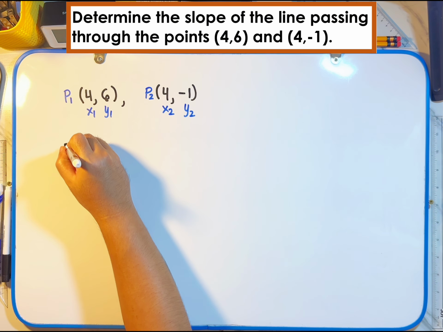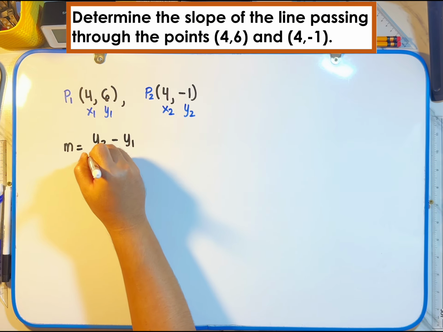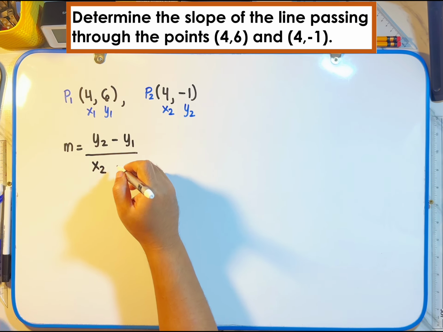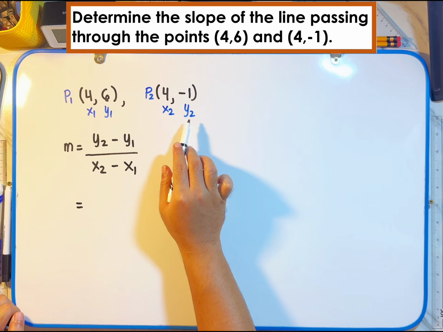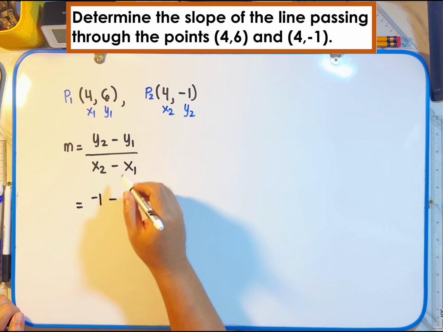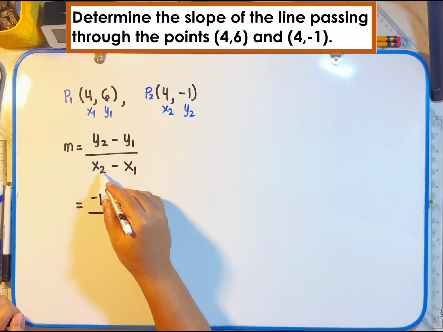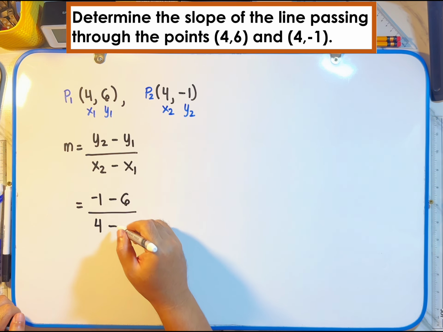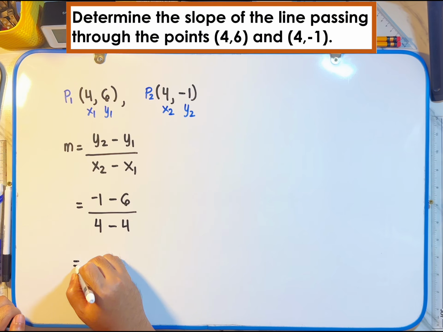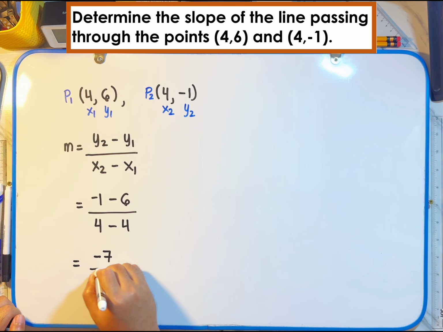The slope formula M is y2 minus y1 divided by x2 minus x1. Let us substitute. y2 is negative 1 minus y1, which is 6, divided by x2, which is 4, minus x1, that is 4. Negative 1 minus 6, that's negative 7, divided by 4 minus 4 is 0.